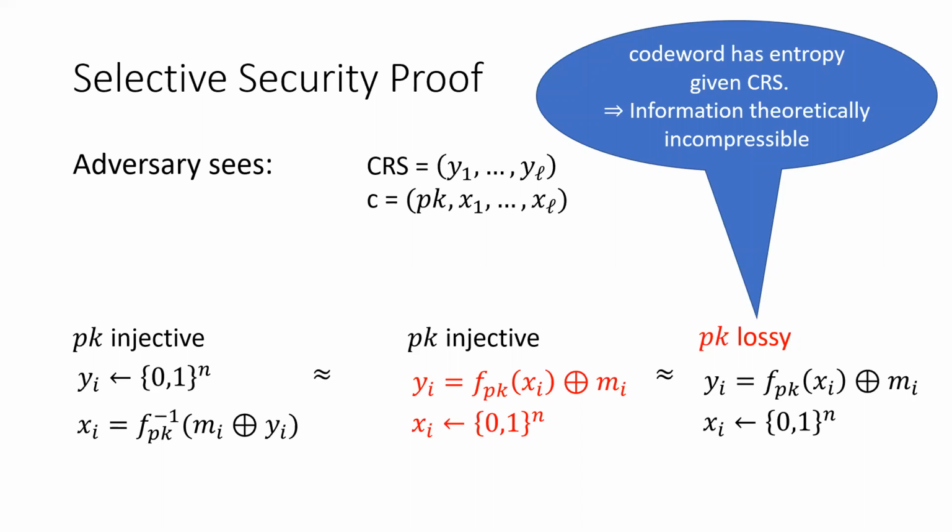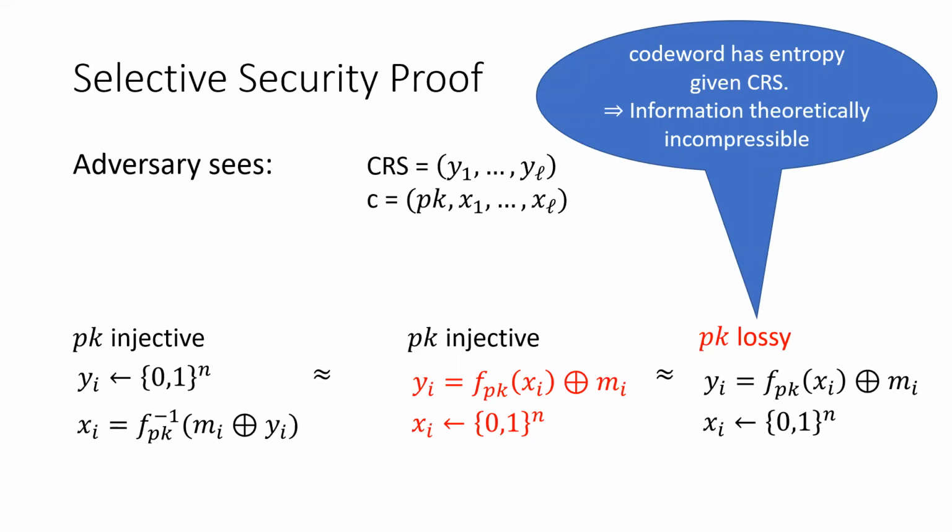So I just want to say one more time what we did here. In real life, all the information about the message is contained in the code word, and the CRS is just random. But somehow through these two hybrid steps, we moved the information about the message into the CRS and had the code word actually have real entropy.